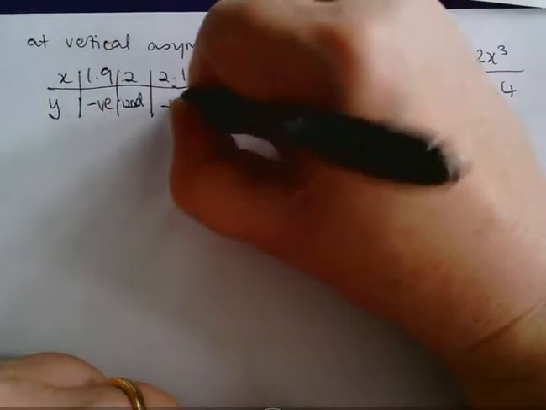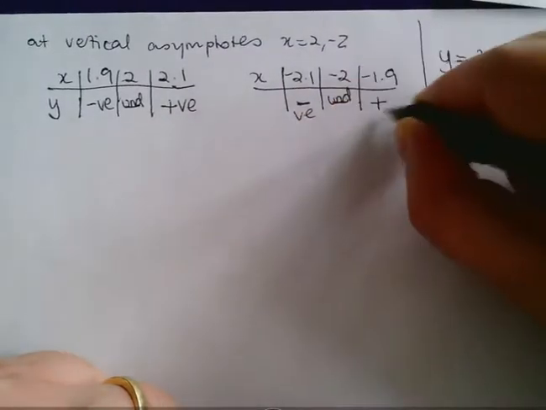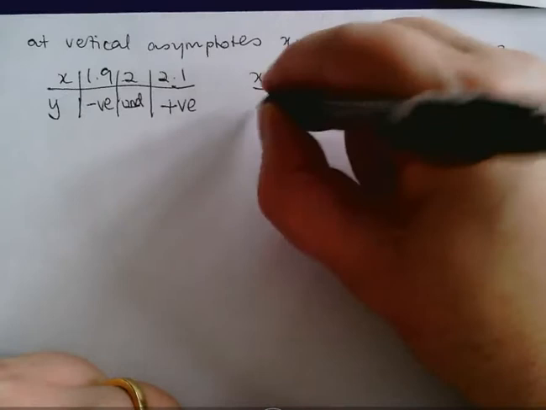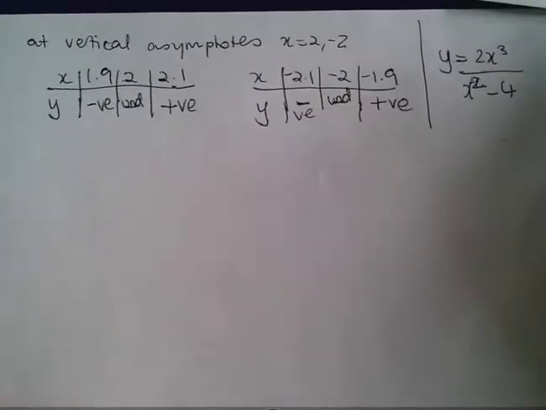That's negative, positive, negative, positive. Anyone got some values? Anyone want to work one out? Can someone do 1.9 and someone do 2.1, please? Just do the positive ones.